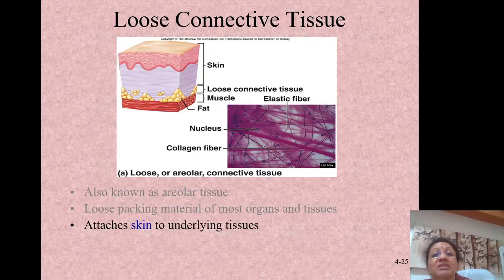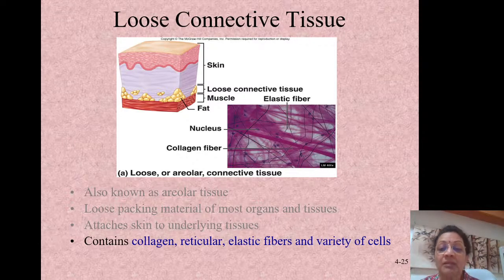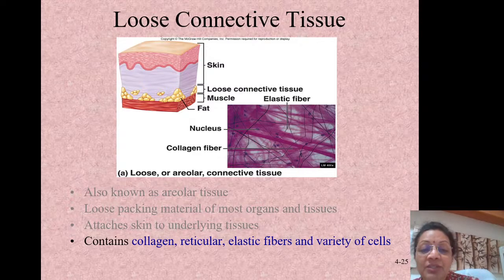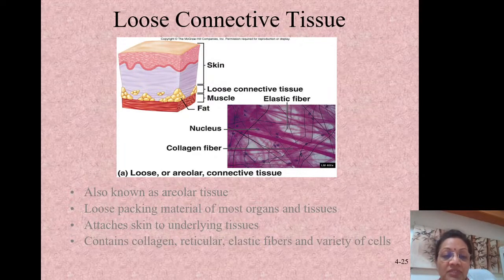It's not taking up the space of something else, and it's got a good number of blood vessels, so it gets absorbed quickly into your system. So historically, we used to give medications into this hypodermis layer, which is the example of loose connective tissue. The fibers available are called collagen, reticular, elastin, and lots of cells are there.